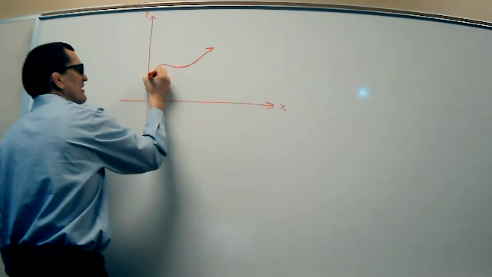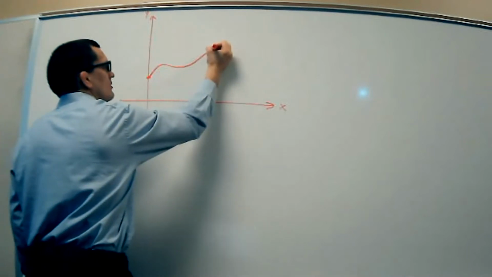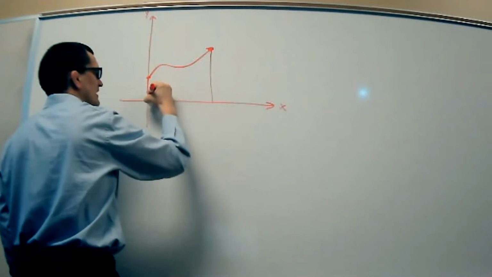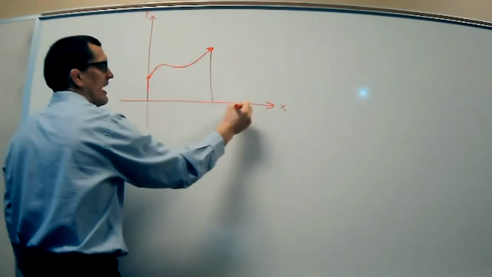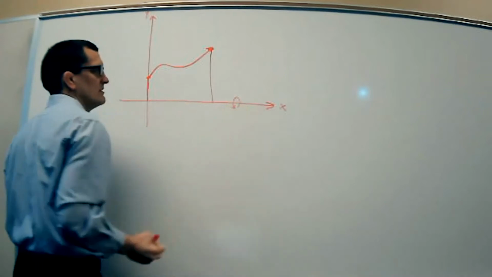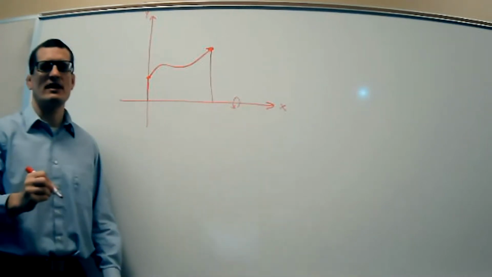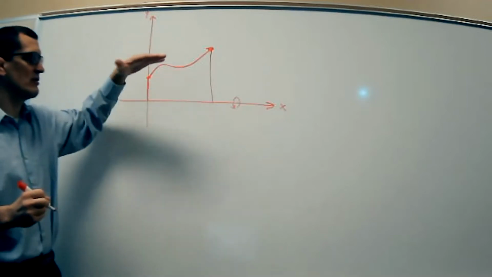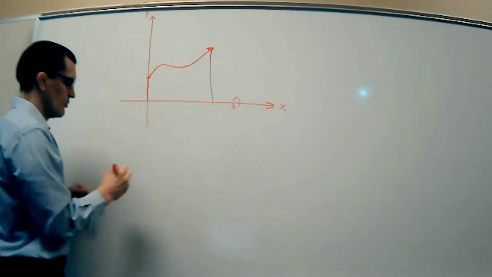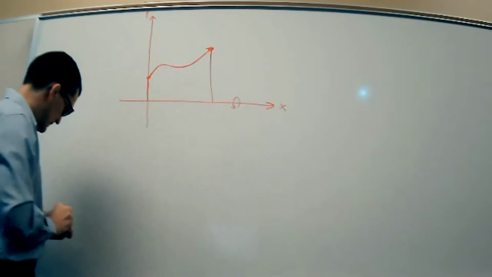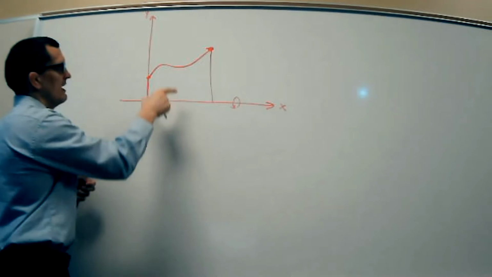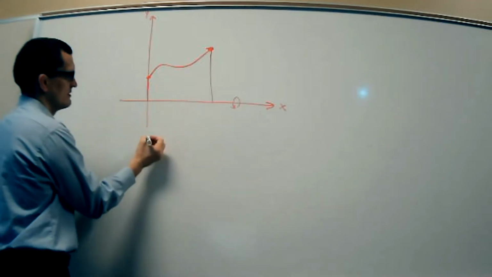Let's say we make a region, go hit the x-axis, and we rotate around the x-axis, okay? So if you rotate around the x-axis, we imagine this curve rotating around, we're going to get a three-dimensional object.